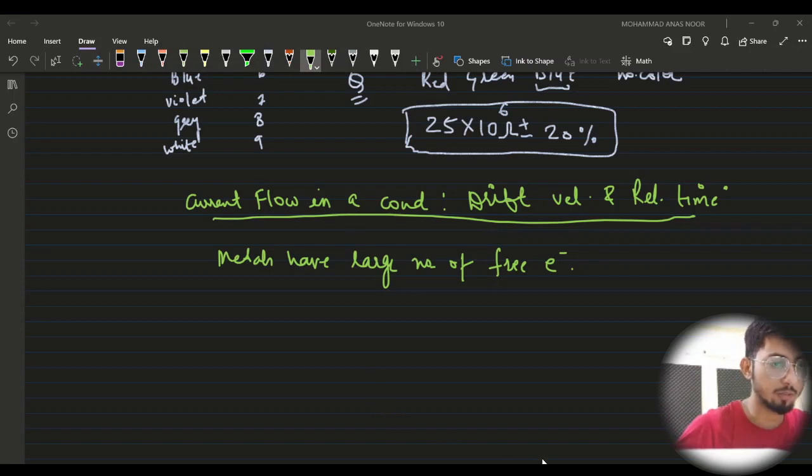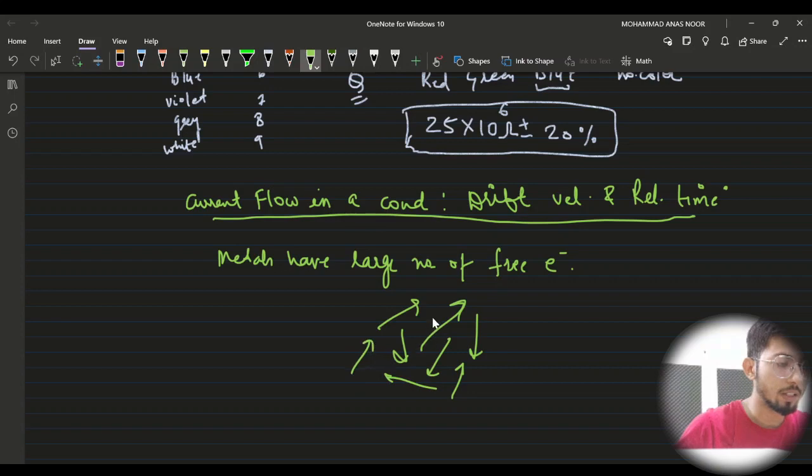There is no particular direction of motion of the charge carriers. So on average, the number of electrons traveling in any direction will be equal to the number traveling in the opposite direction.